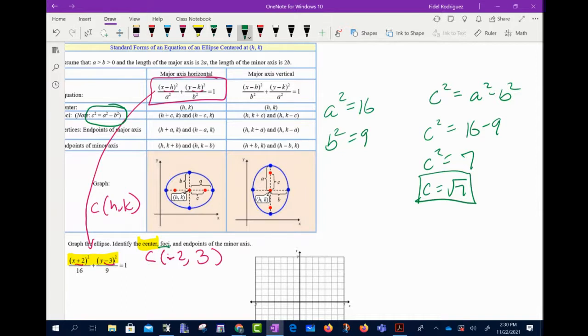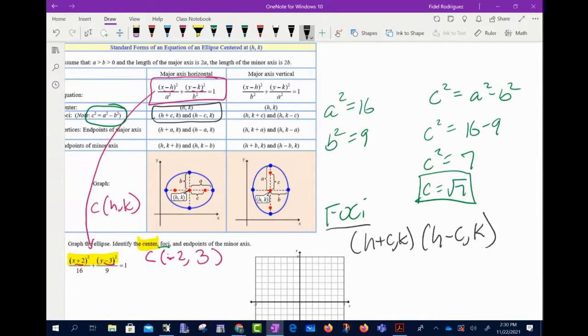Now we actually have to find the coordinates of the foci. So look right here, y'all. I'm going to put foci, and I'm going to copy this part down right here. The way we write our foci, it's going to be (h plus c, k), and then (h minus c, k). Okay, so do you remember what we had for our h value?